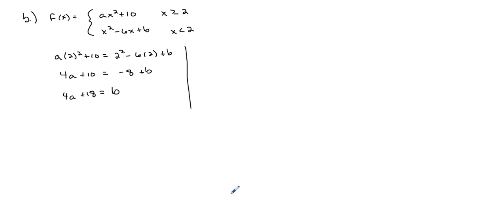The limit from the left equals the limit from the right when x equals 2. Now let's look at our derivative from the left and right. Okay, and I'm going to write this as an equation to start with. The limit as x goes to 2 from the left, which would be f of x is x squared minus 6x plus b, minus f of 2.